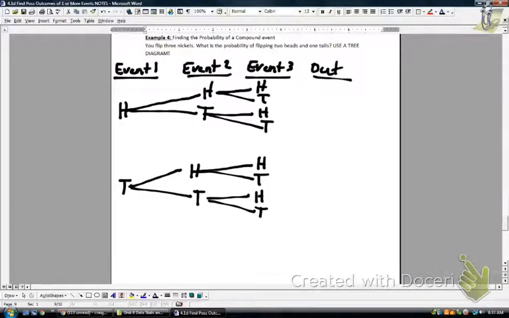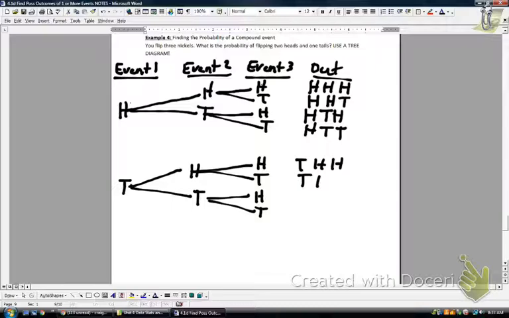And I'm just going to go straight across. I could have heads, heads, heads. I could have heads, heads, tails. I could have heads, tails, heads. And I could have heads, tails, tails. Okay, then for the second part, I could have tails, heads, heads.